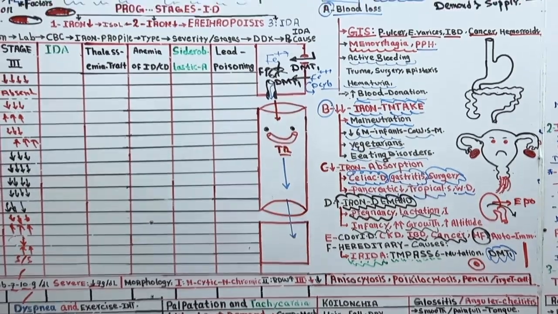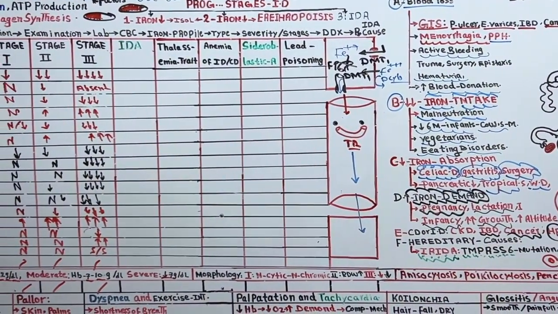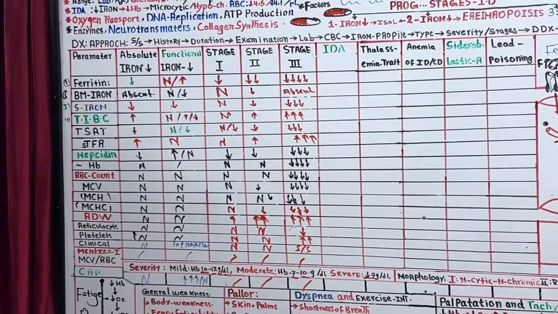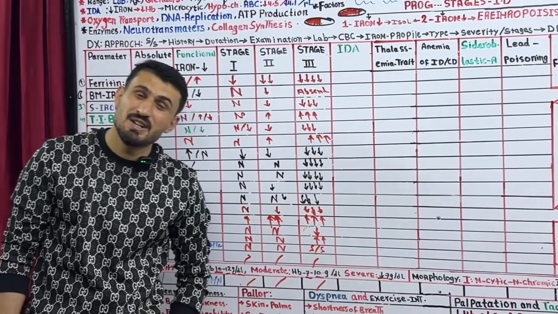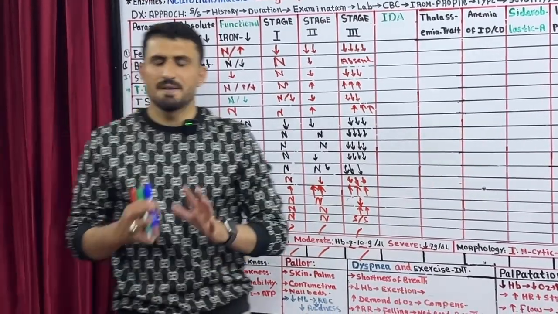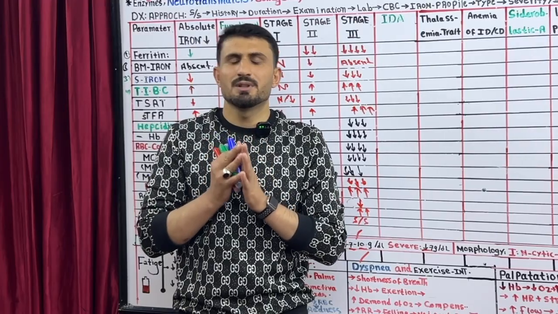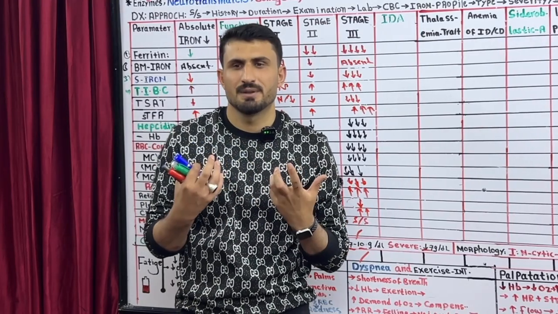Now let's talk about the signs and symptoms of iron deficiency anemia. Come here. Now let me explain them. The first sign and symptom is that the patient will tell you that he or she is fatigued.